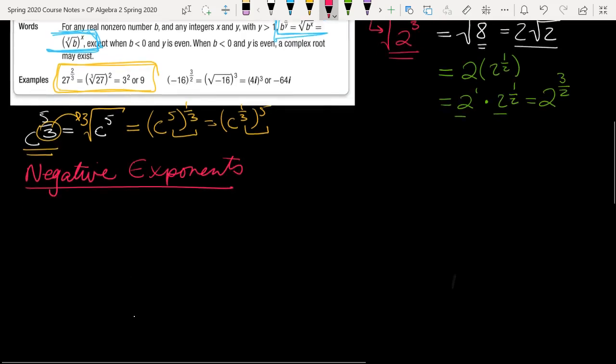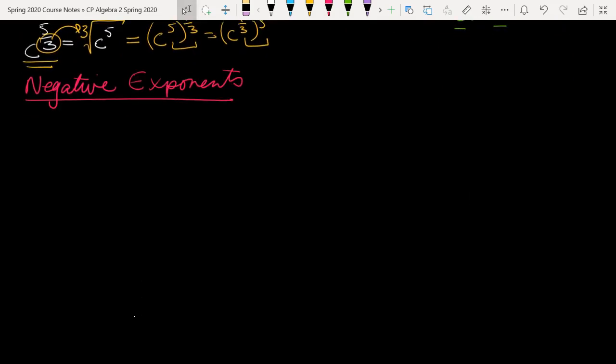Negative exponents also have a role to play here. Since negative exponents are just reciprocals of positive exponents, we can end up with expressions like this, 81 to the negative 1/4 power. All the negative means is that we're taking this entire expression and putting it on the bottom of a fraction. That's 1 divided by 81 to the 1/4 power.